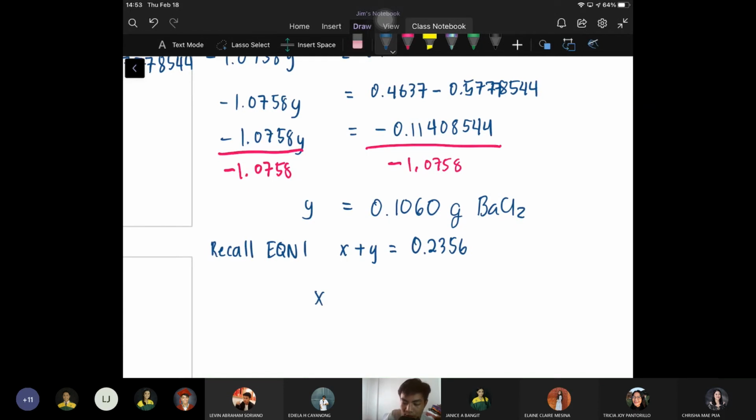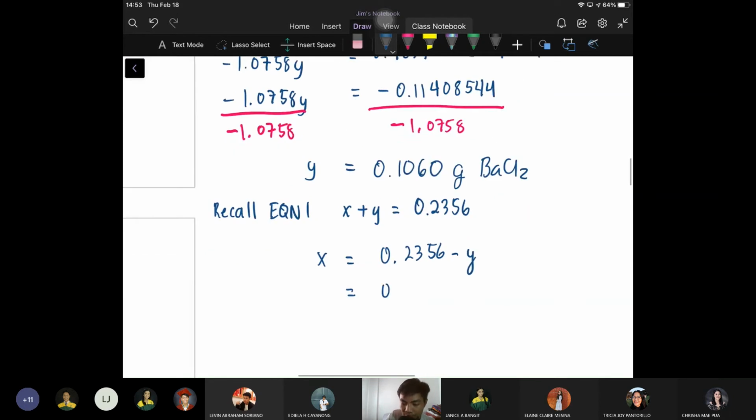That will be 0.2356 minus y. Plug in mo yung value ng y. And that will give us the mass of x, the mass of sodium chloride. That will give us 0.1296 grams of NaCl. Nakuha natin yung mass ng dalawang salt.